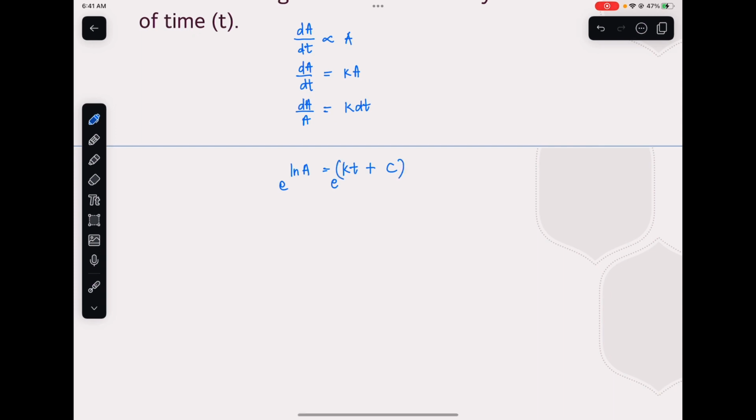That leads to A equals e raised to kt multiplied by e raised to c. It so happens that e raised to c is another constant, so I'm just going to write C again, times e raised to kt. That is the working equation that we can use in solving growth and decay problems.